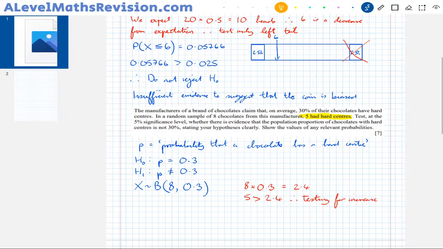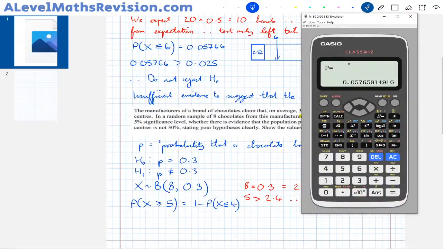So now, the probability that x is bigger than or equal to what we observed, 5, equals 1 minus the probability that it's less than or equal to 4. Our calculator needs to be able to do it. So 4 in the calculator.